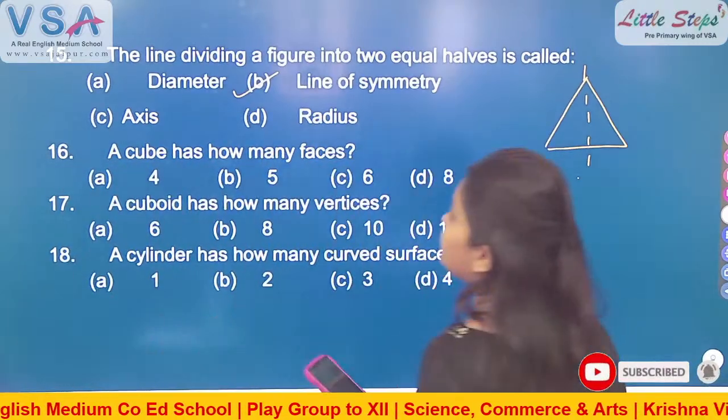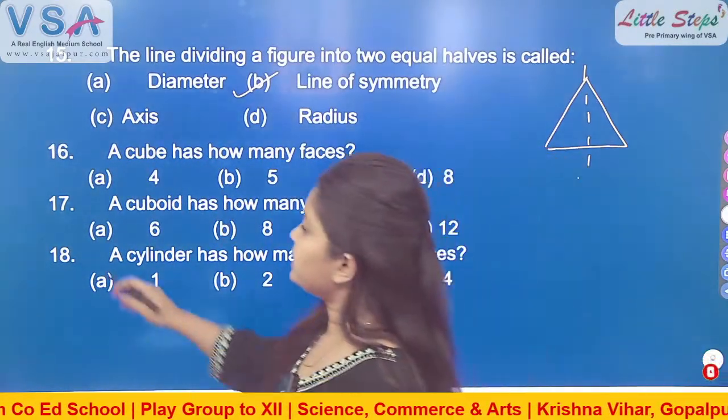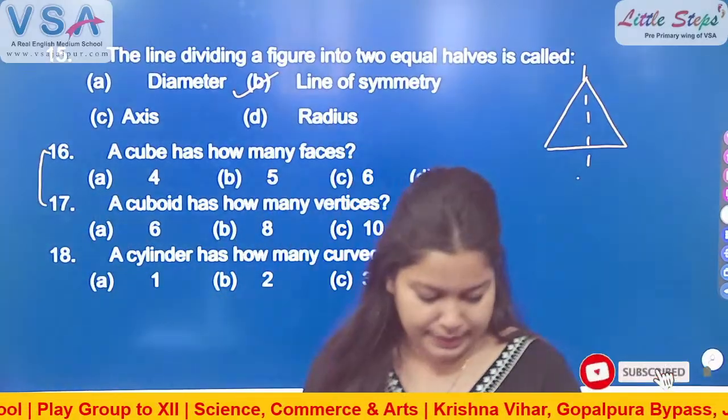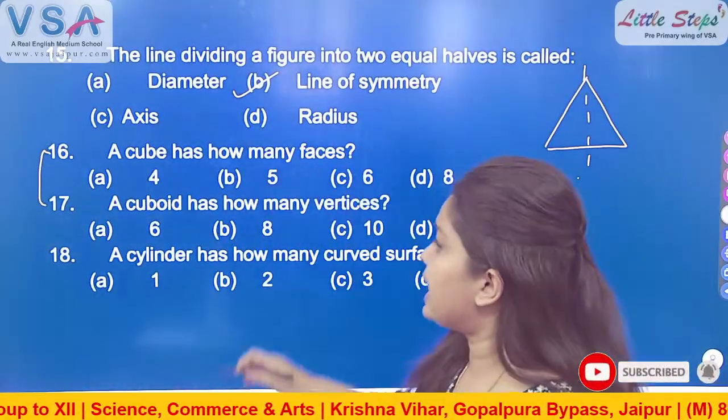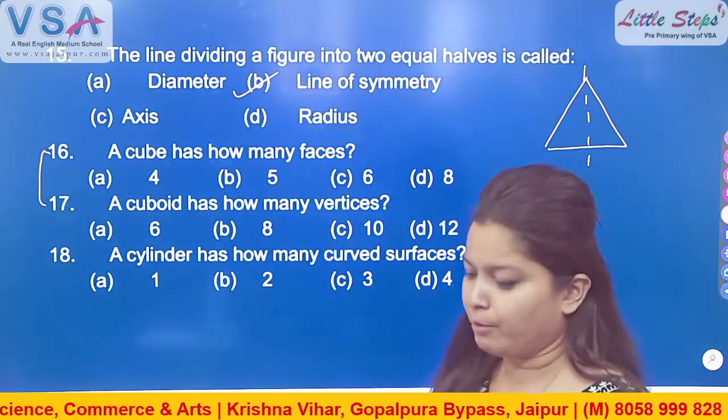A cube has how many faces? Let me read 16 and 17 both for you, and then I will wait for both the questions answer that you have to comment me in comment box. Okay.